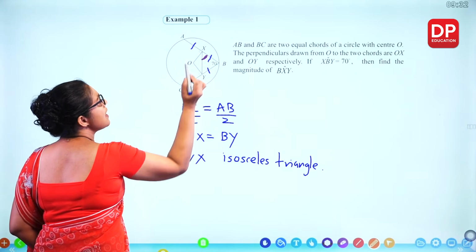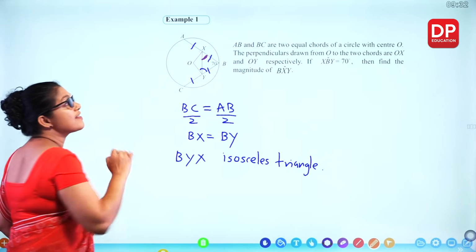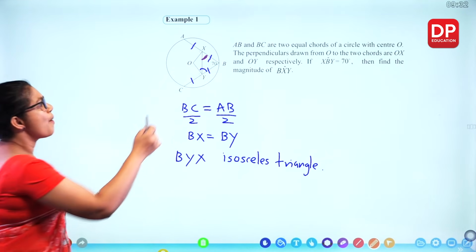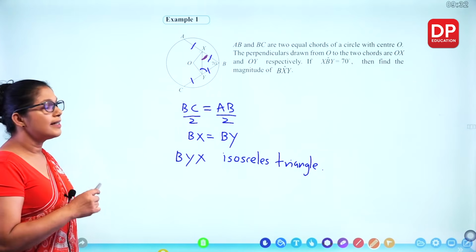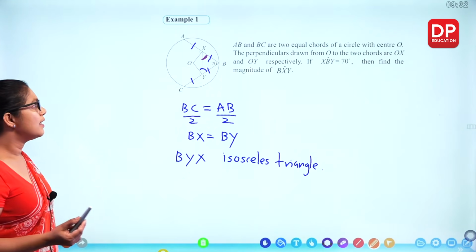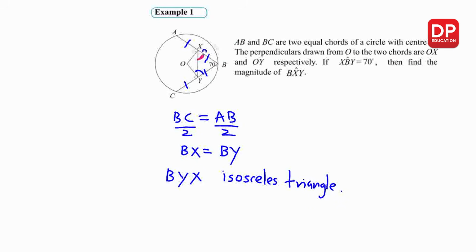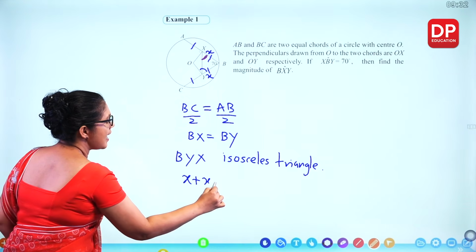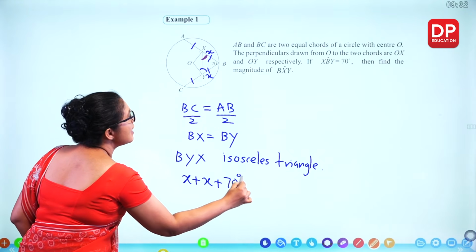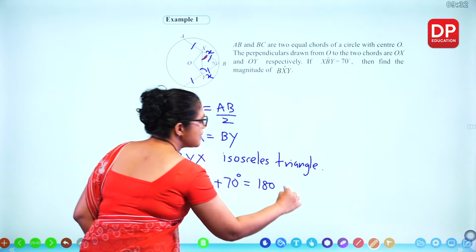So if this angle is this one, that's equal to angle BYX because the corresponding angles are equal. So here we can write if this is x, this is also x. So when you look at the triangle, we can write x plus x plus 70 is 180, sum of angles in a triangle.